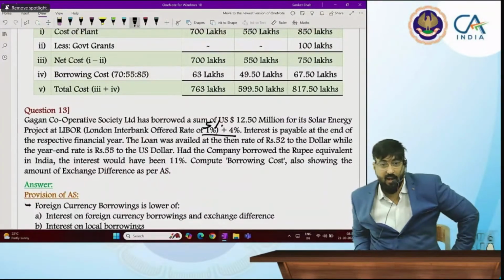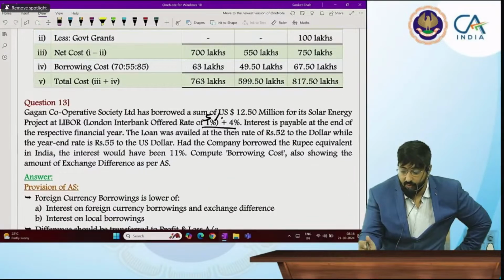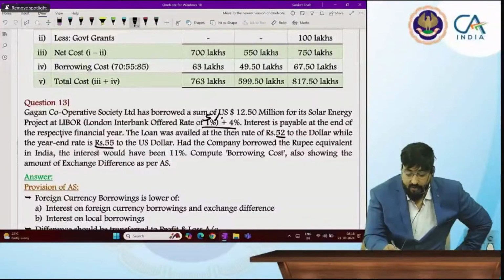And in India, what is the exchange loss? 52 and 55. So what is the exchange loss? 3 rupees.